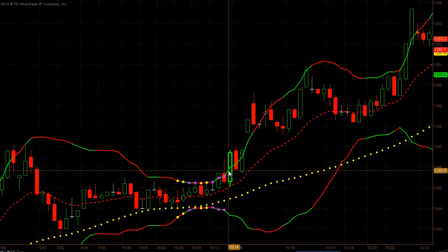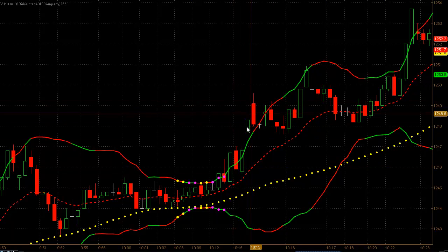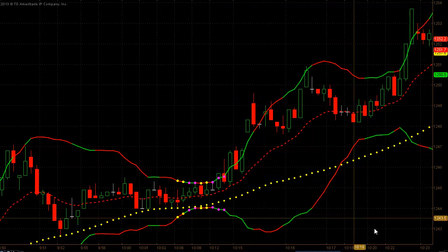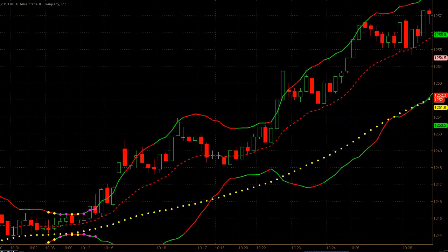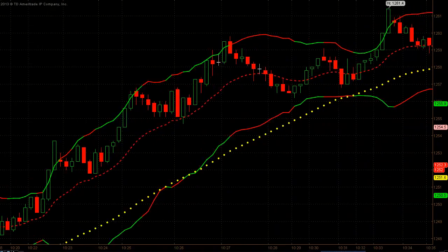Came at 10:14, 12:45.80. Broke hard to the upside. After that gap, got up to 12:49. So that was a $4 pop right there, or $400 per contract. And these again are just compression breakout trades.